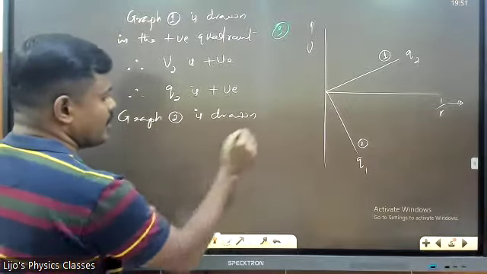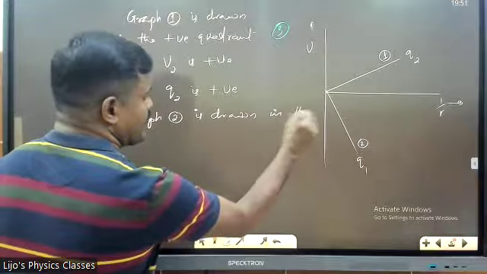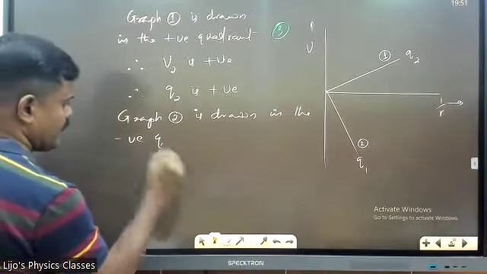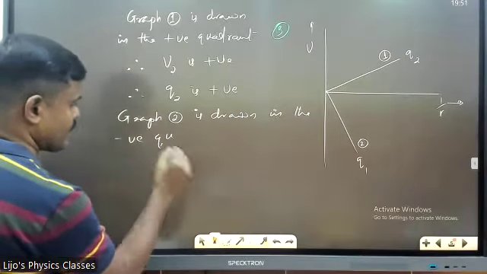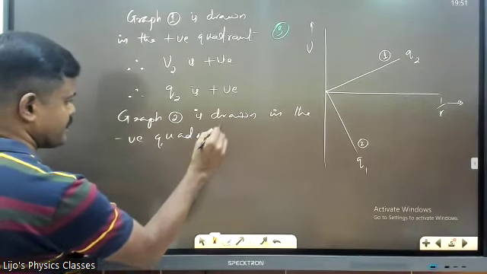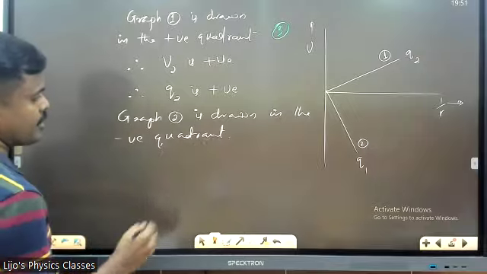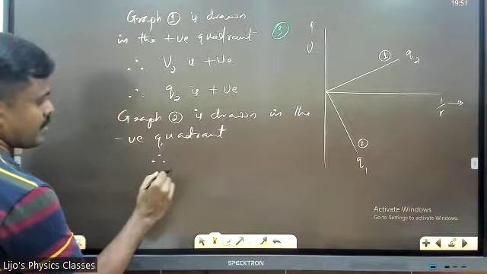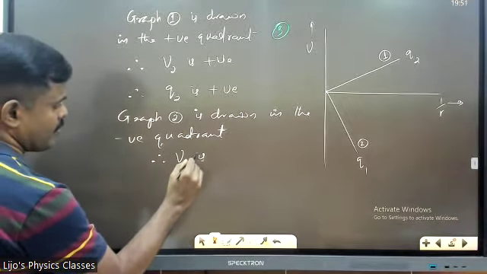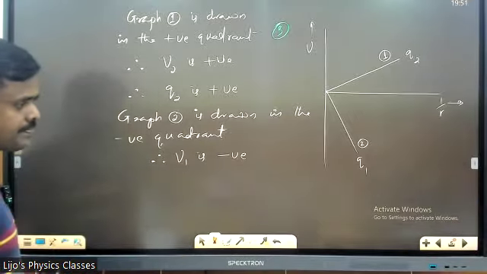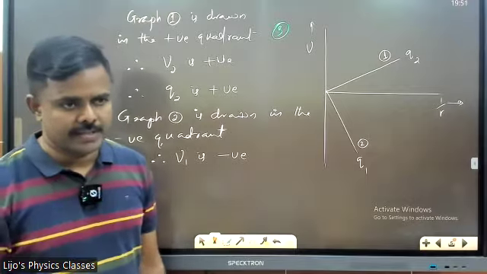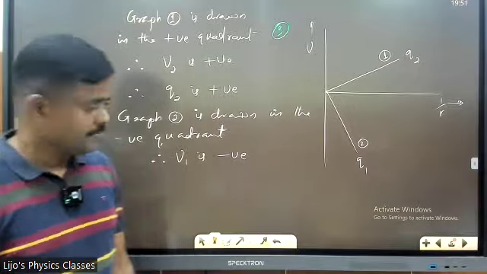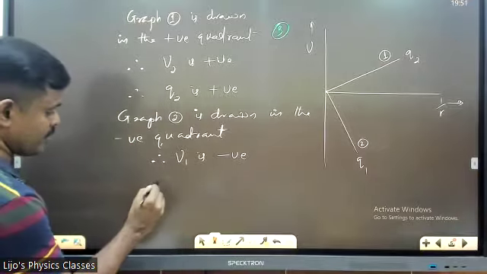Graph 2 is drawn in the negative quadrant. Therefore, V1 is negative. V1 is negative means what?